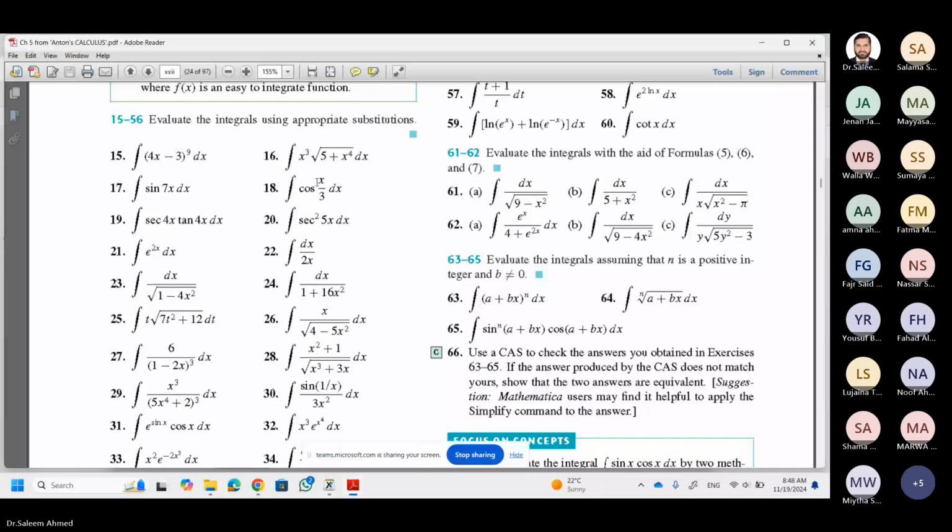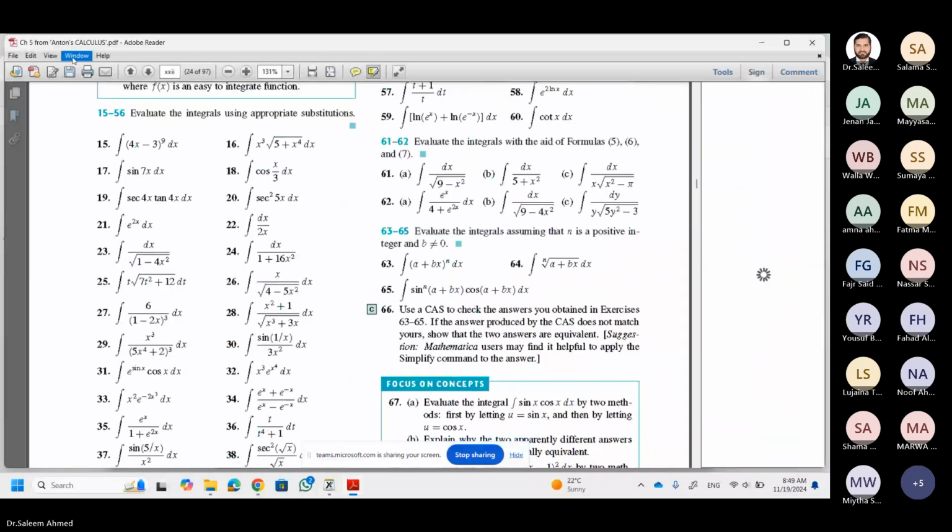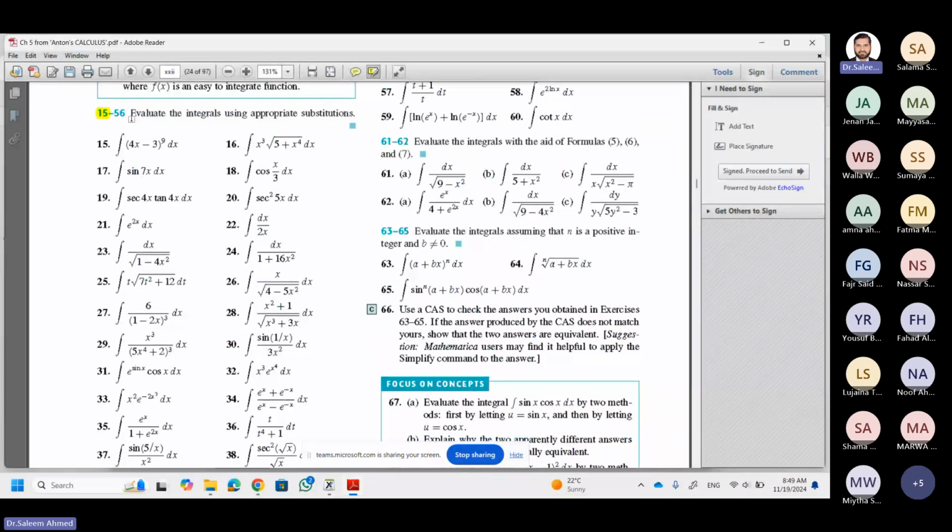Then, so here you see, can I write something here or not? No. This is a highlighter.